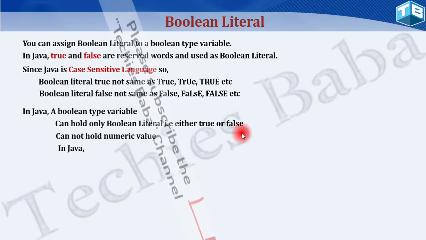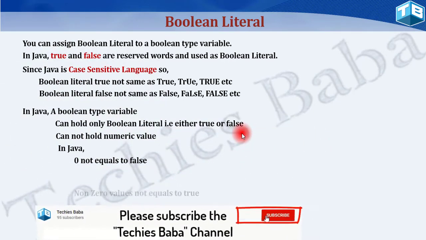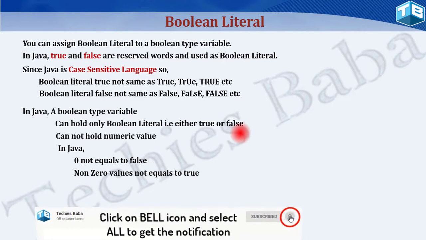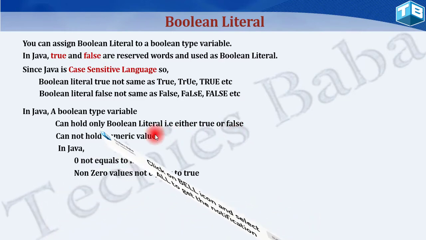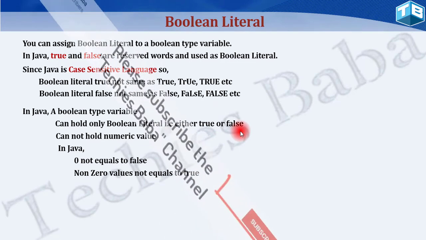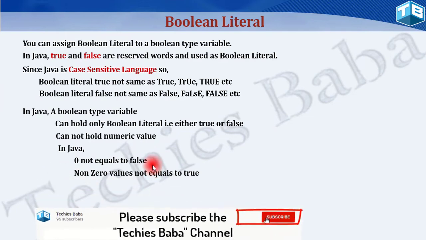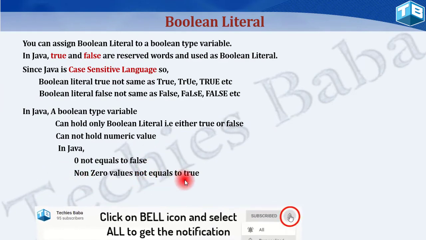We cannot use 0 as false, and we cannot use a non-zero value as true in Java. So a Boolean literal has only two possibilities, true and false, that too in lowercase characters. 0 cannot be used as false, and non-zero cannot be used as true.